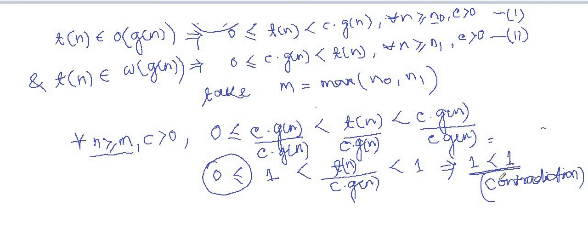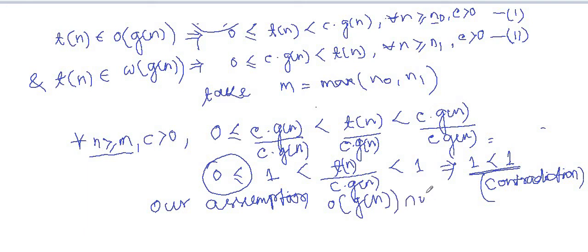So due to the contradiction, what we can conclude here is that our assumption that small o of gn intersection small omega of gn is not equals to phi was wrong.